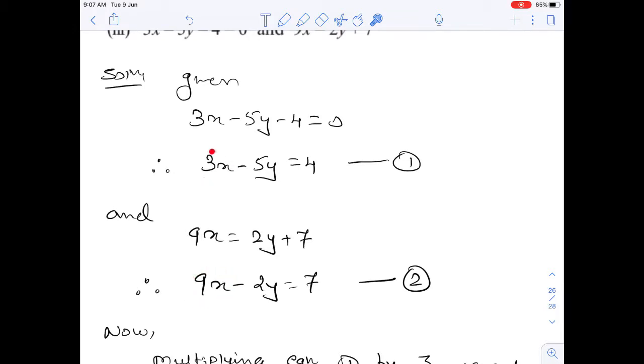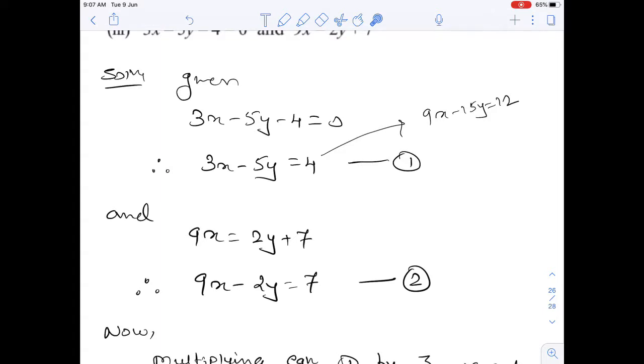So if we multiply this equation by 3, you will get 9x minus 15y equals 12. Now here plus 9x is there, here also plus 9x is there. So how to eliminate it? When both the variables have the same sign, during such time we do subtraction.